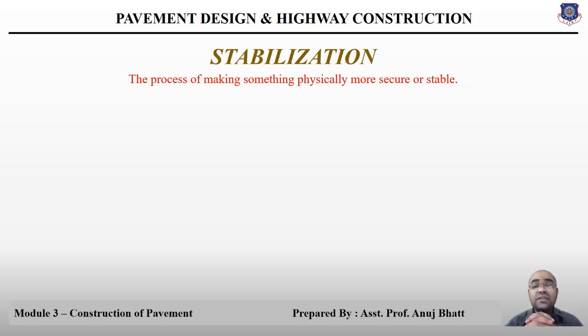Soil stabilization is used to reduce permeability and compressibility of the soil mass, and also to increase the shear strength. Mixing additives positively affects the strength, improves the physical and desirable properties, and also maintains the moisture content in the soil mass.